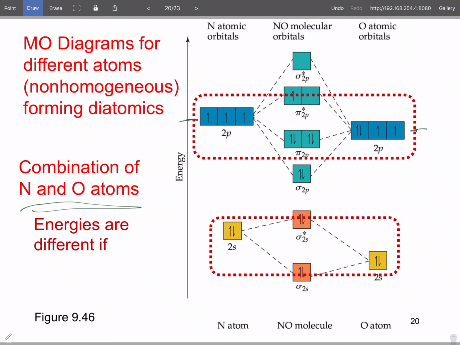I'm really not concerned with this. You'll be concerned with this later when you get to organic or inorganic, and this actually comes into play. I just want to point out that these look skewed because they're differing energy levels, so therefore you get slightly wonky, shall we say, molecular orbitals forming.